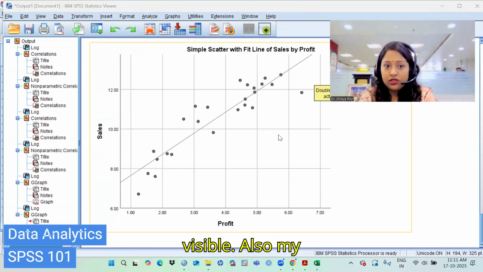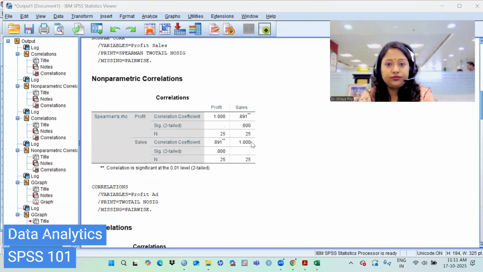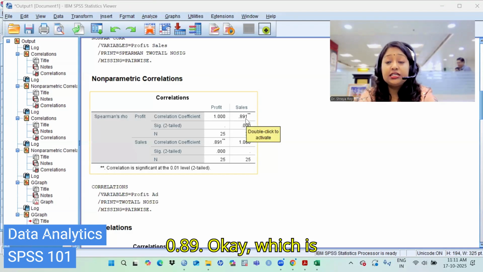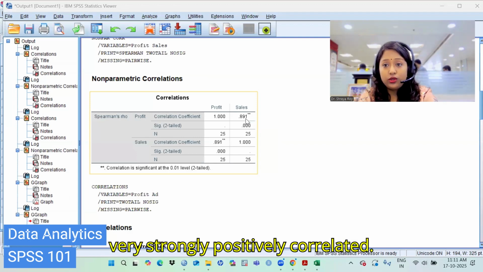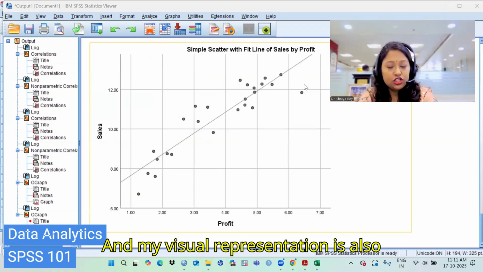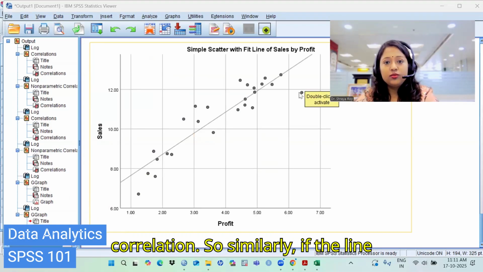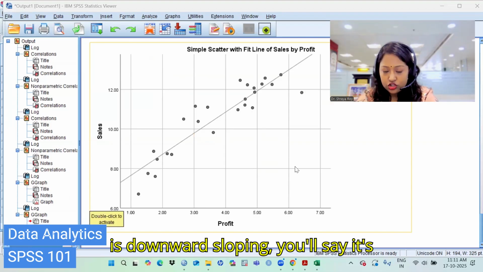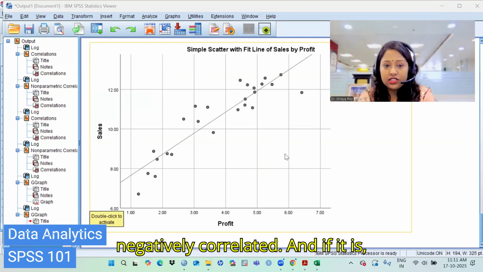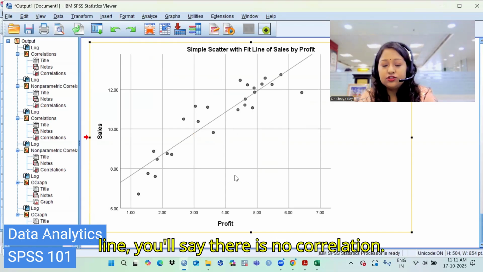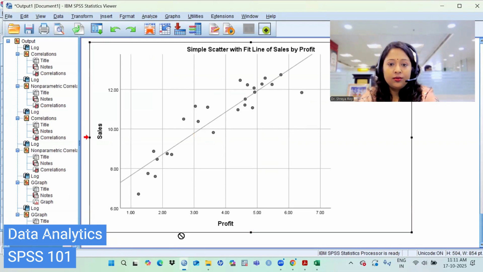My correlation analysis was 0.89, which is very strongly positively correlated, and my visual representation is also giving me a very strongly positive correlation. Similarly, if the line is downward sloping, you say it's negatively correlated, and if it is a horizontal line or a vertical line, you say there is no correlation.